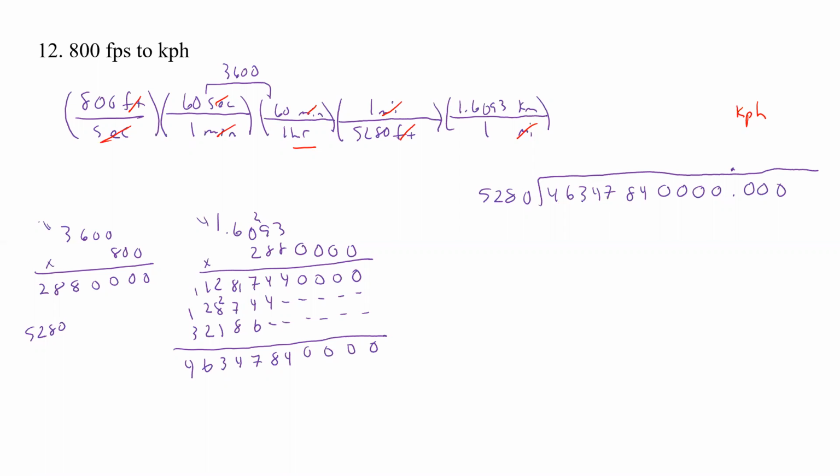So 5 times what will give us 46? Maybe be close to 8. Let's try 7 and see what we get instead. So 0, 56, 14, 19, 35, 36.